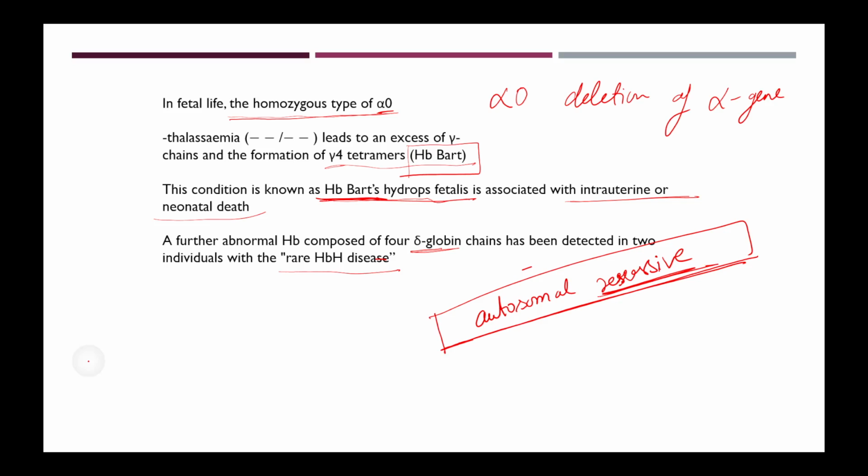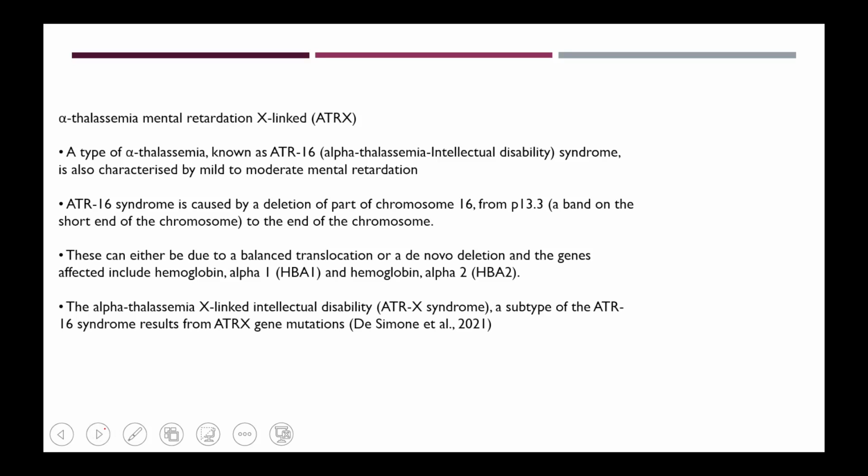Two copies are required. However, there is also alpha thalassemia mental retardation, which is an X-linked disease. A type of alpha thalassemia known as ATR16, which is alpha thalassemia intellectual disability syndrome, is characterized by mild to moderate mental retardation.